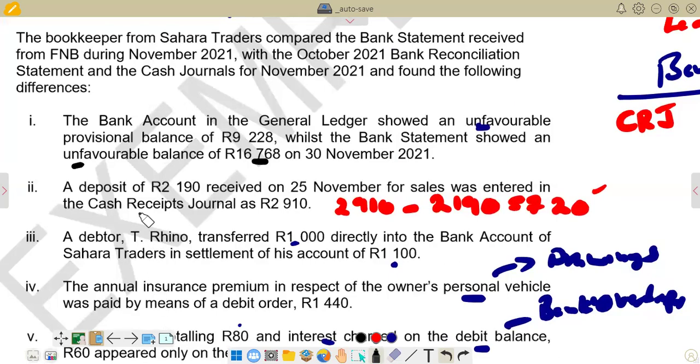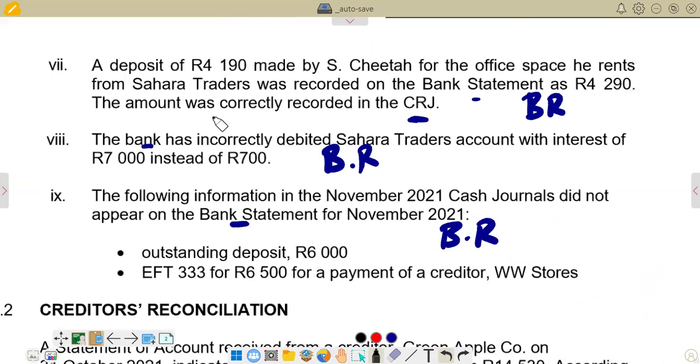So we have got a deposit. We see that all these entries were affecting the bank account. The ones that affect bank reconciliation, we've already indicated, are 7, 8, and 9. So this one is saying a deposit of 4,190 by Sita for the box space events from Sahara Traders was recorded on the bank statement as 4,290.